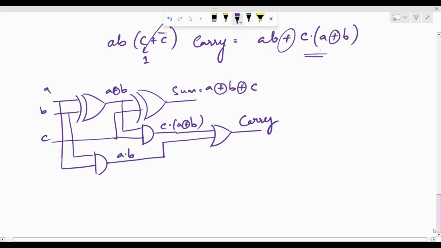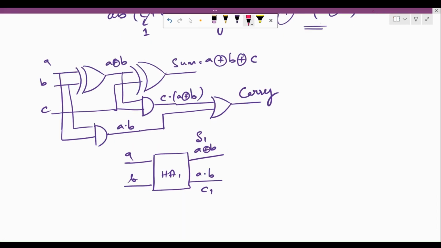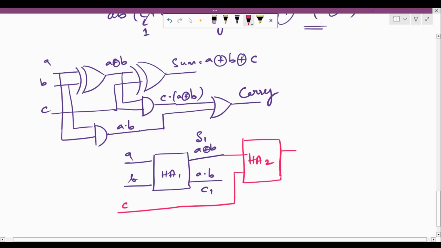So if I look at it closely, I see that I have one half adder whose inputs are A and B, and the sum is going to be A XOR B, whose carry is going to be A dot B. Now I have another half adder, I'll call it as HA2, whose inputs are A XOR B and C. So the sum is going to be A XOR B, that's the first input, XORed with the second input of this half adder, and the carry is going to be the AND of the first input and the second input, that is C dot A XOR B, right?